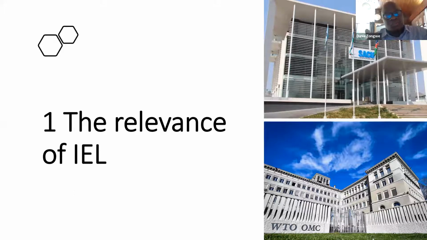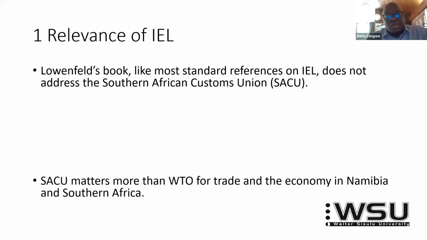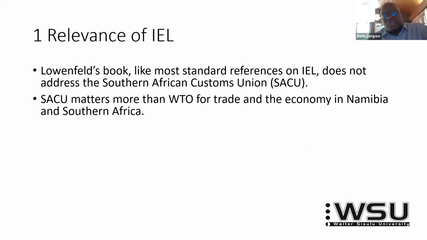On the contrary, there's a lot of discussion about WTO law, etc. But this is a problem, and it is a problem because the Southern African Customs Union, SACU, which is, by the way, the oldest customs union in the world, the oldest functioning customs union, SACU matters more to law students in Namibia and in Southern Africa than the WTO.